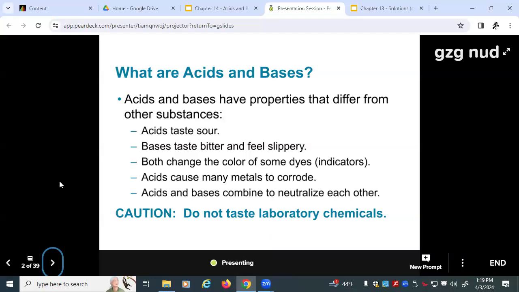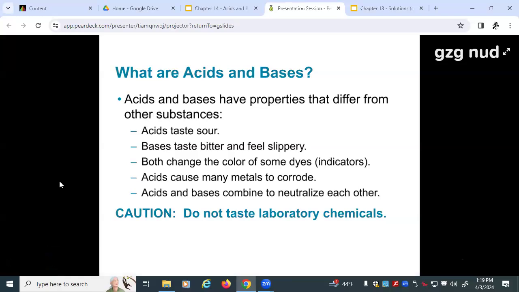We need to start out our discussion of acids and bases by describing really what they are. And the reason we pull out acids and bases as different from solutions is because they do have slightly different properties than your average solution.